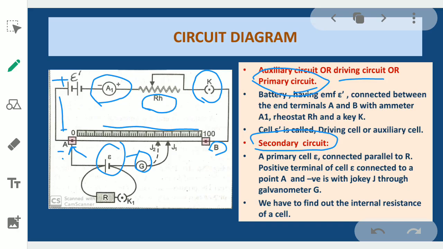And there is a shunt resistance R, which is connected parallel to E, and there is a key K1 connected with R. So these are two important circuits: one is the primary circuit and another is the secondary circuit.